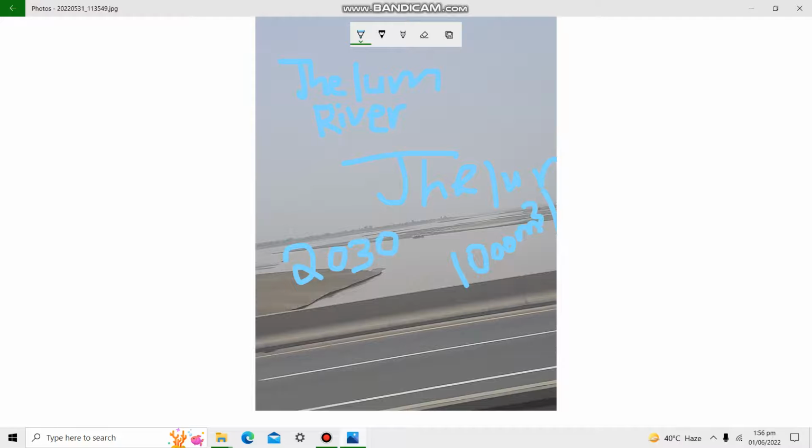and we can't rely on a single river. We will talk about the Chenab, and there is also a reduction of water in Chenab. And if we talk about the Ravi and Satluj, they are not even getting the amount of water which the Jhelum River is getting.